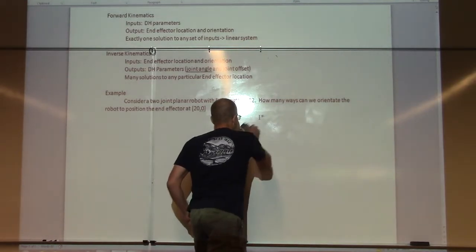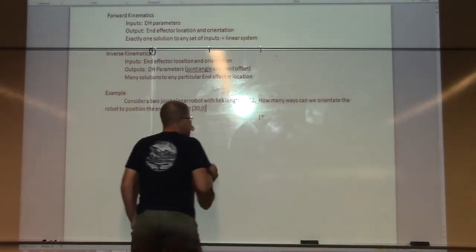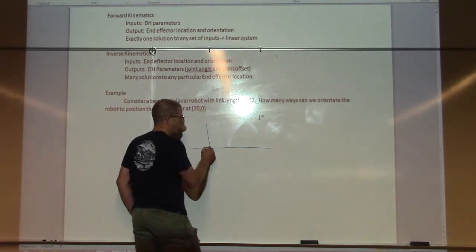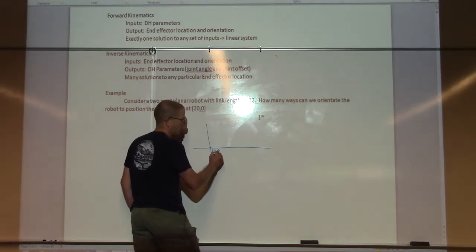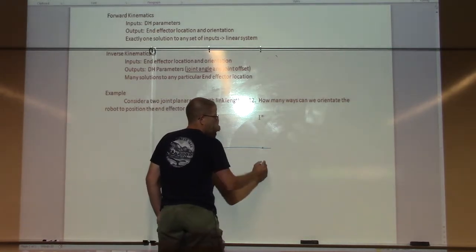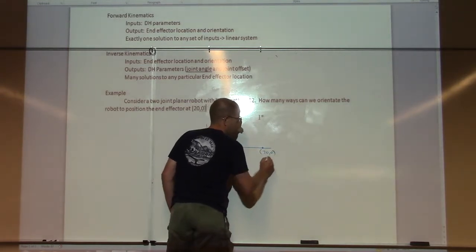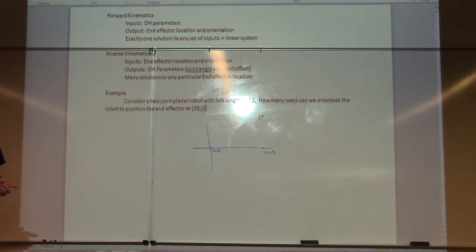Now let me throw this red one away real quick so I don't reach for it again. So we have the base of the robot attached to the origin at 0, 0, and we want to position the end effector over here at 20, 0. And we have two links. Each link is 12 units long.